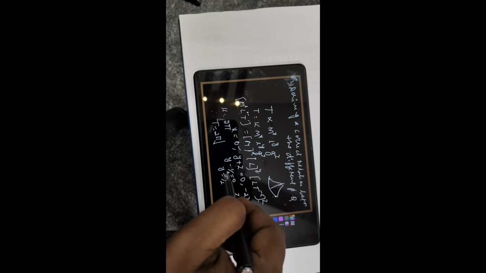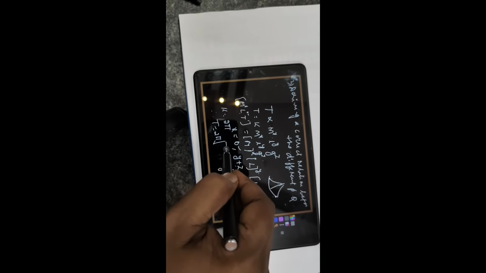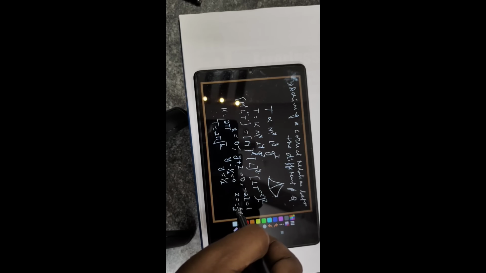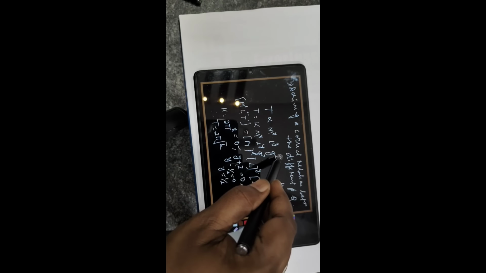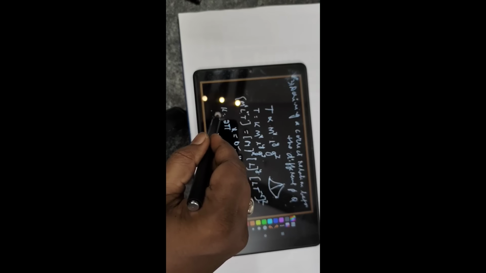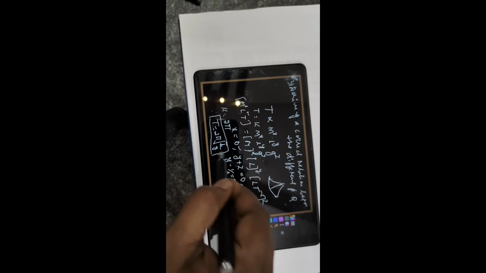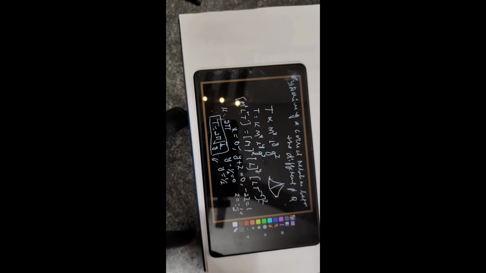The L value is L raised to y, which is half, so we'll take under root of L. For the z value we got minus half, so g is g raised to minus half, so it will be in the denominator but under the root. So the time period for a simple pendulum, we have got the equation as t equal to 2 pi under root of L upon g.